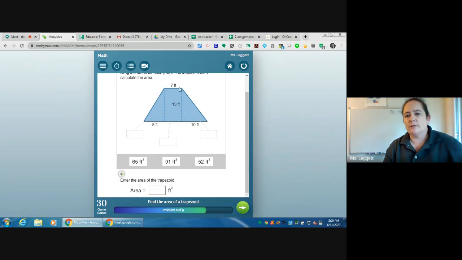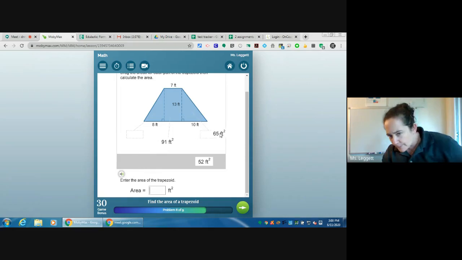So 7 times 13 will give me this rectangle here, and that should be the 91. Now this triangle is 10 times 13, which is 130, and if you divide that in 2, it should be 65. 8 times 13 divided by 2 should be this one.